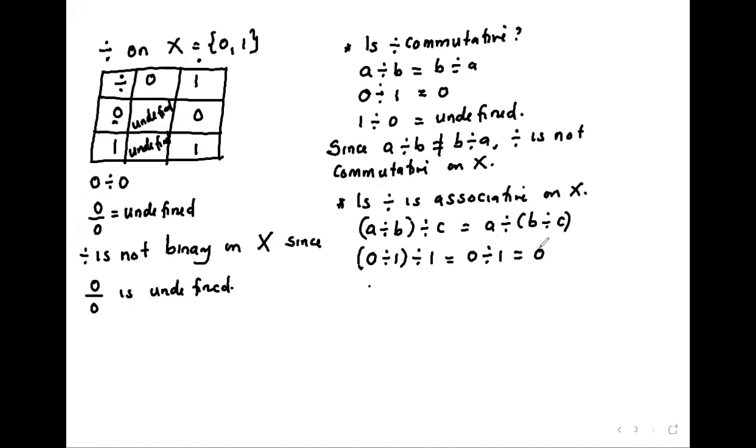What about 0 divided by (1 divided by 1)? 1 divided by 1 is 1, so we get 0.